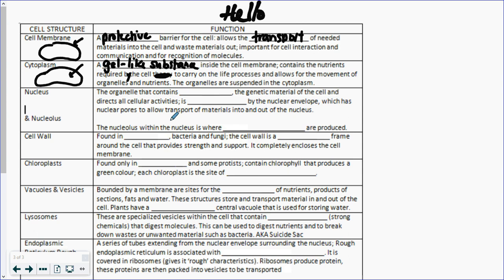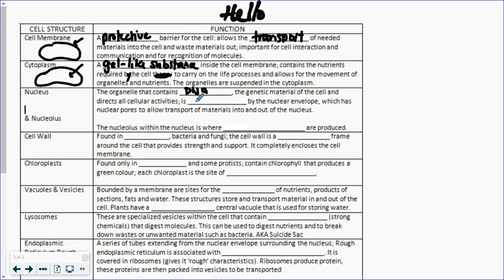So the nucleus and nucleolus, we kind of tie those together. The nucleus is the organelle that contains the DNA, deoxyribonucleic acid, which is the genetic material of the cell, and what DNA does is directs all cellular activities. So what compounds it's producing, when it will reproduce, so on.